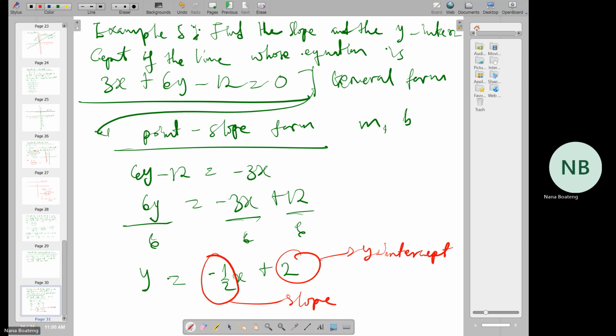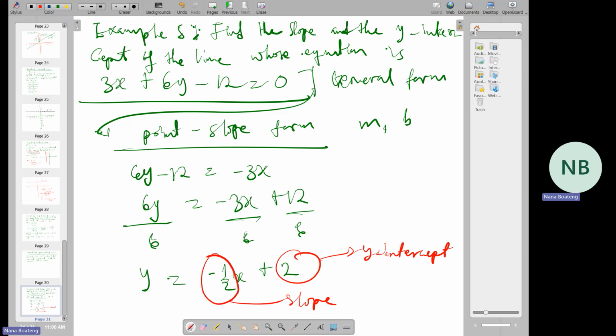Example 6 is graph using intercepts, and the equation is given in the general form as 3x minus 2y minus 6 is equal to 0.